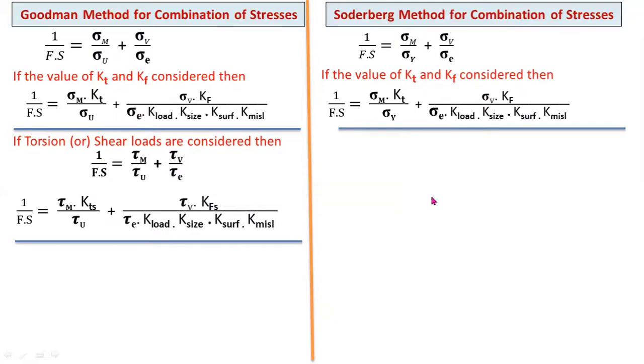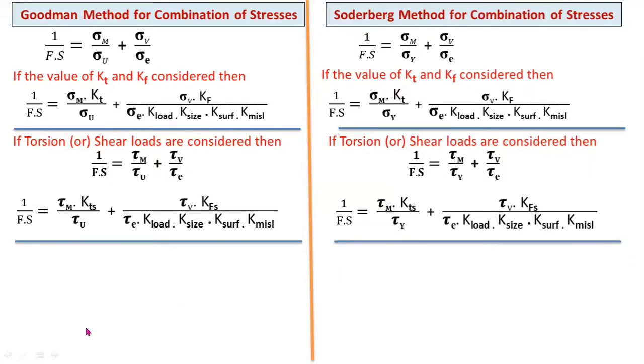In a similar manner, for Soderberg method, 1 by Fs equals tau m by tau y plus tau v by tau e. Here you can observe that instead of tau u we are considering the yield stress tau y. The remaining equation is the same. Similarly, sigma u becomes sigma y.